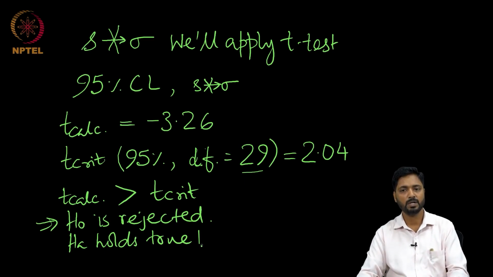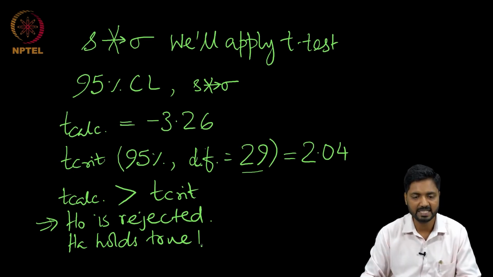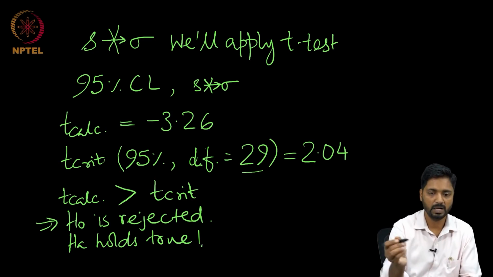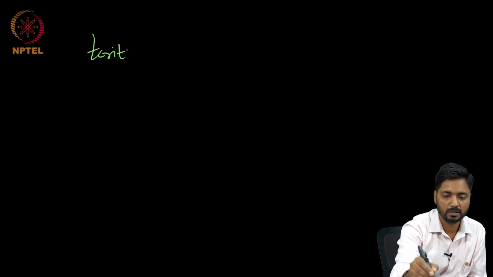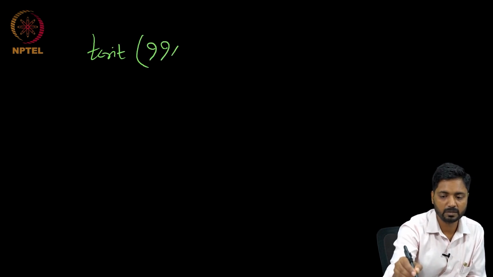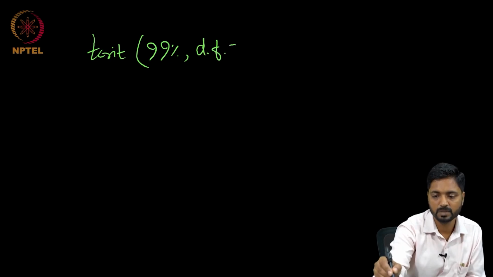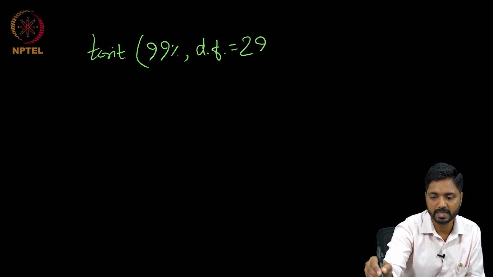Okay. Even if we do the same exercise at 99% confidence level, I will just give you the t critical value in that case. So, how you write t critical for 99% confidence level and degrees of freedom is equal to 29.